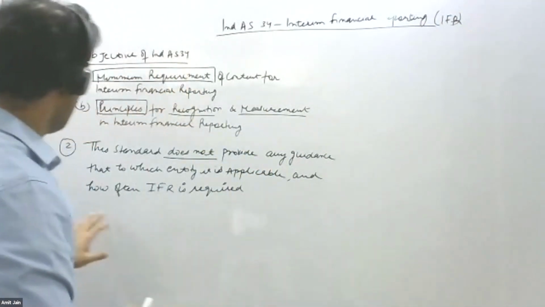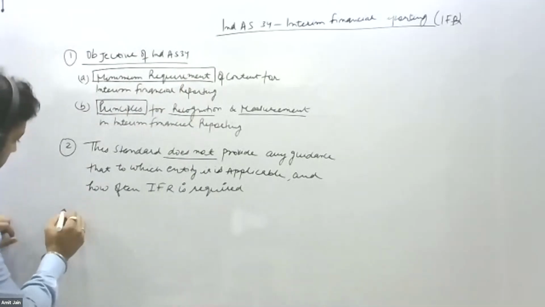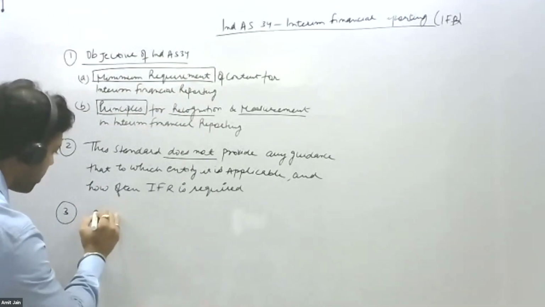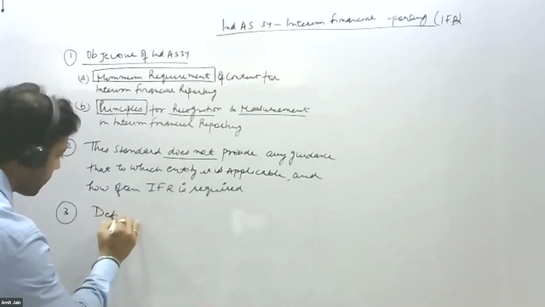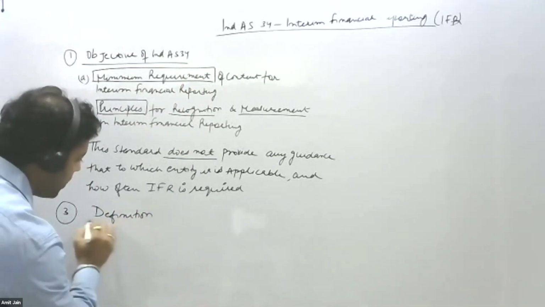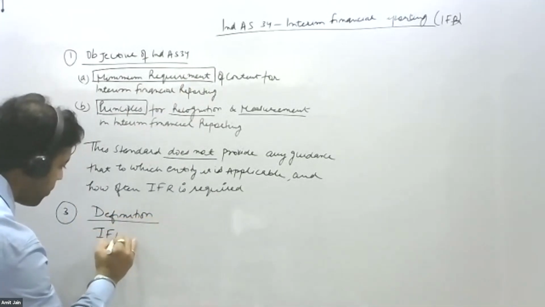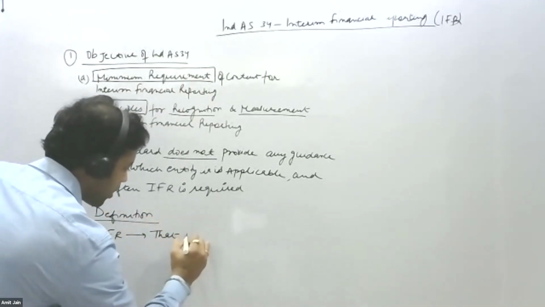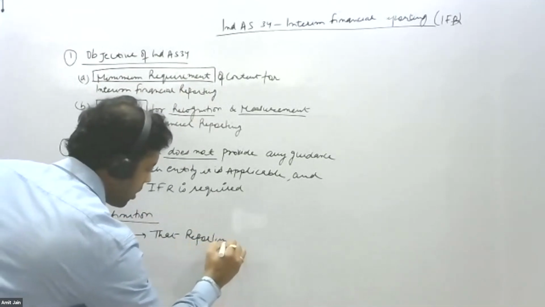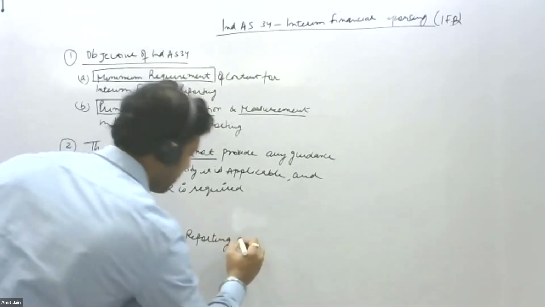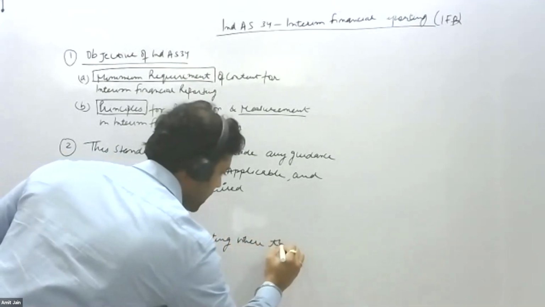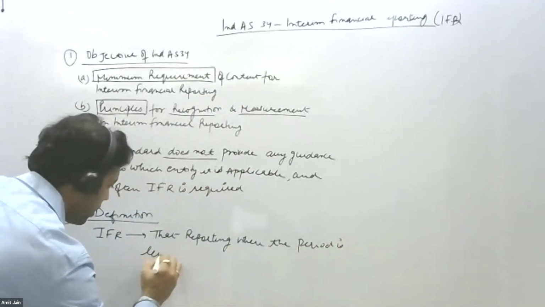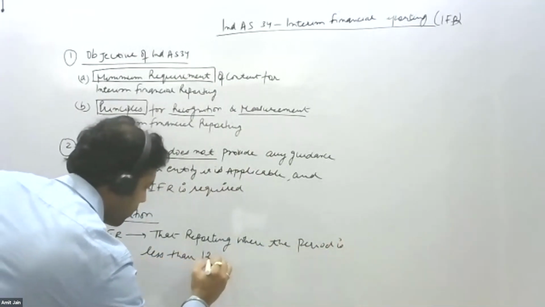Now the question arises, what is interim financial reporting? Definition: interim financial reporting is that reporting where the period is less than 12 months.